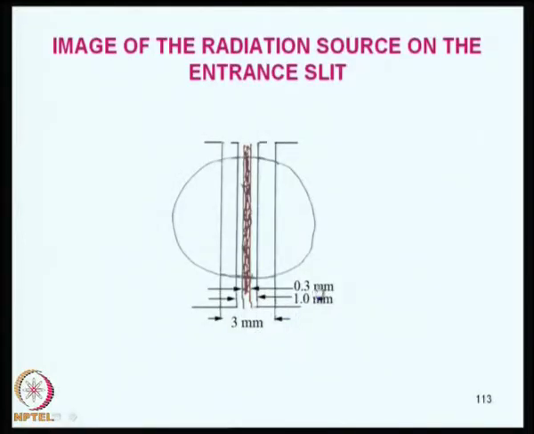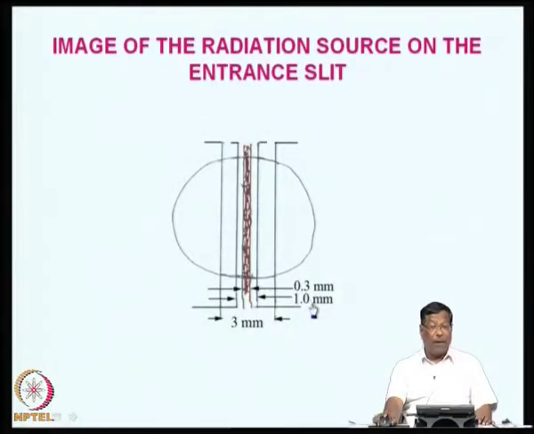So, we need to have a slightly bigger entrance slit. It can also be seen from the figure, the geometric width of the entrance slit with 3 mm, 0.3 mm and 1 mm. These are the images of the radiation source in the entrance slit.